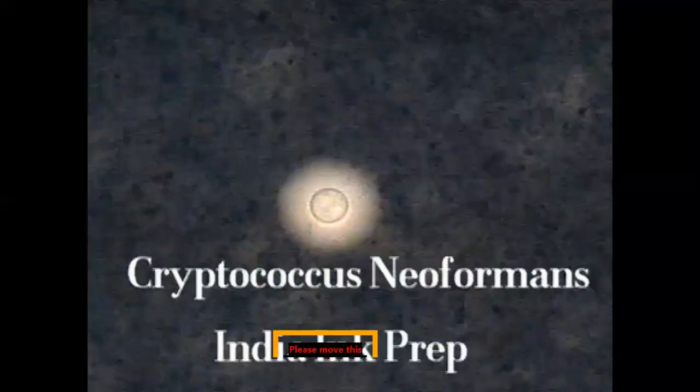A very interesting test about Cryptococcus neoformans is called an India ink preparation or India ink test. This is one of the fungus which has a capsule around the bud, and that is a jelly like capsule.